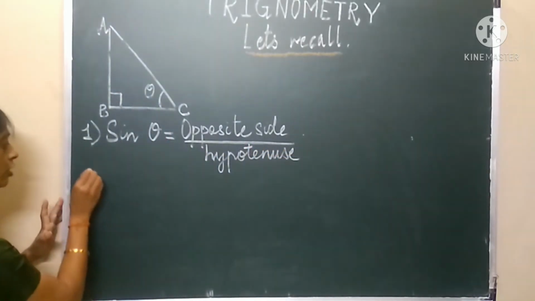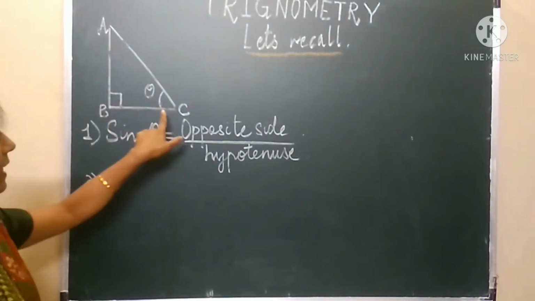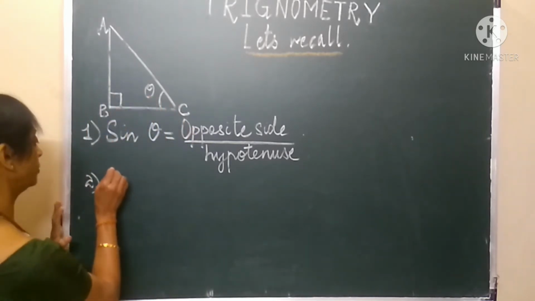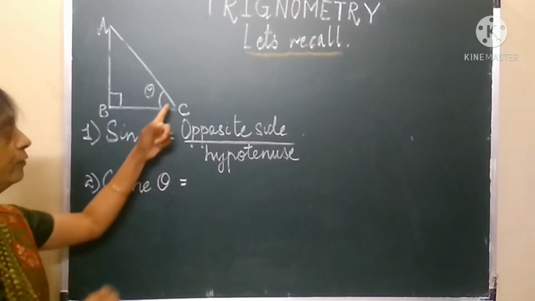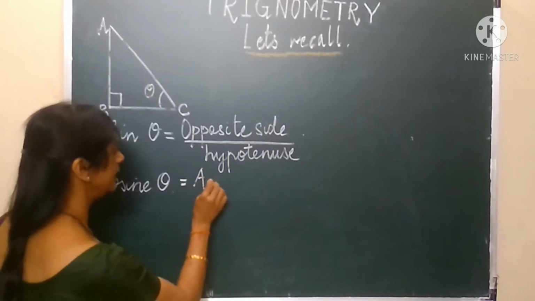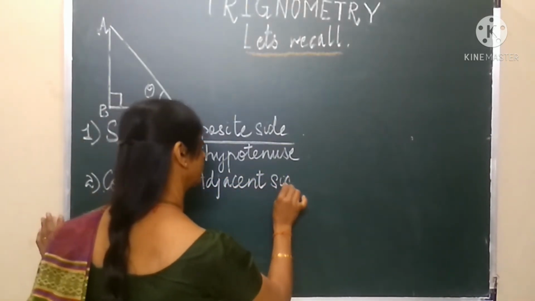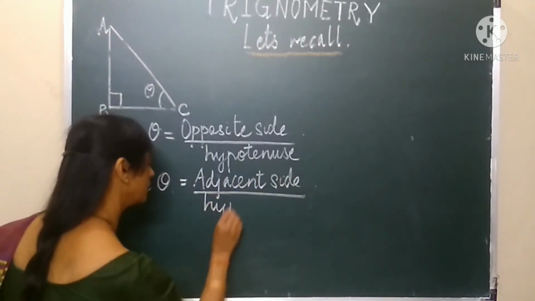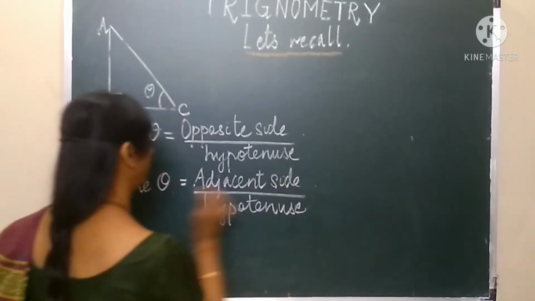Which was the second trigonometrical function? It was called cosine of any acute angle. Now we are dealing with angle C, which is given by theta. So cosine, or cos, of theta was given by which formula? Adjacent side upon the hypotenuse.